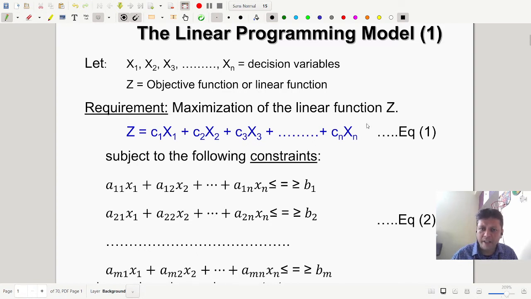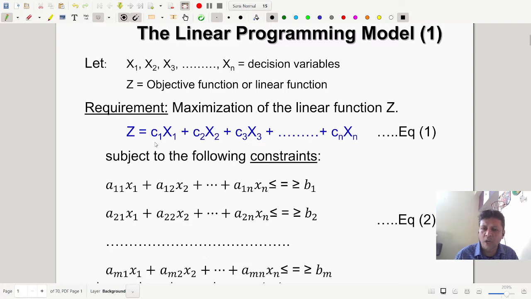So our target is to maximize or minimize the objective function z, which is equal to c1 x1 plus c2 x2 plus c3 x3, etc. Where c1, c2, c3, cn are costs of those variables, and x1, x2, xn are the decision variables. So cost per unit of x1 is c1.